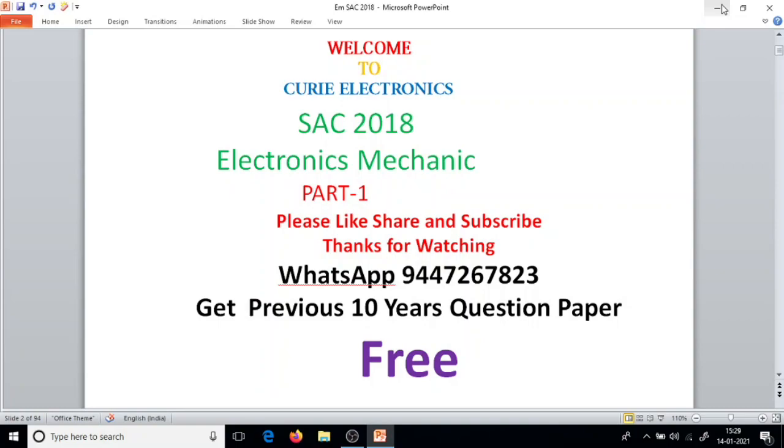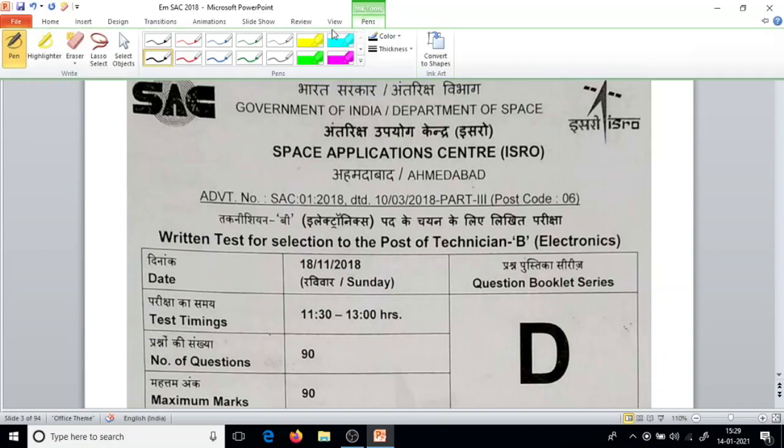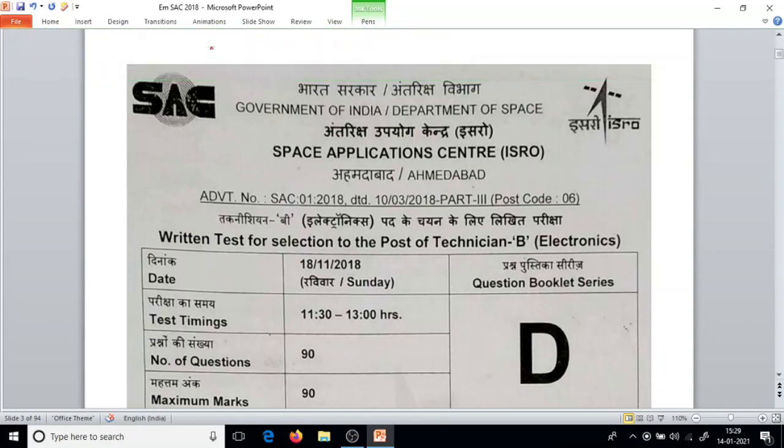So we'll go to the first question. This exam was conducted on 18/11/2018. There were 90 questions and the exam was 1.5 hours, from 11:30 to 1.